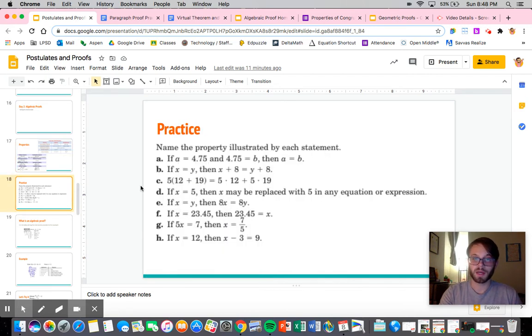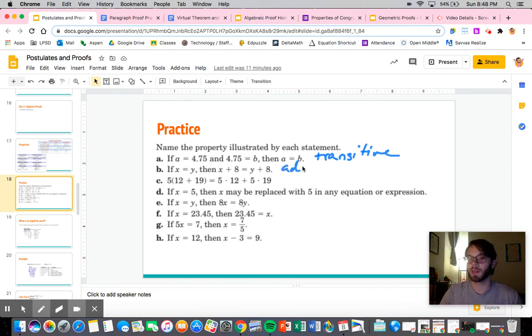So let's just make sure we're familiar with these properties themselves, right? If we're looking at this first one, we're saying if A is equal to 4.75 and 4.75 is equal to B, then A equals B. Well, that's transitive, right? If X equals Y, then X plus 8 equals Y plus 8.